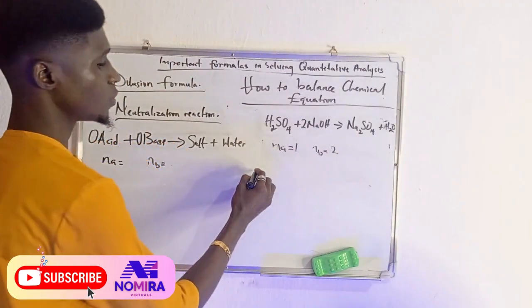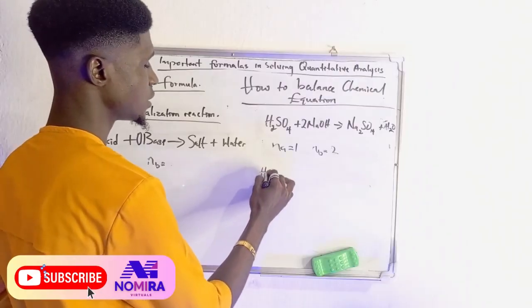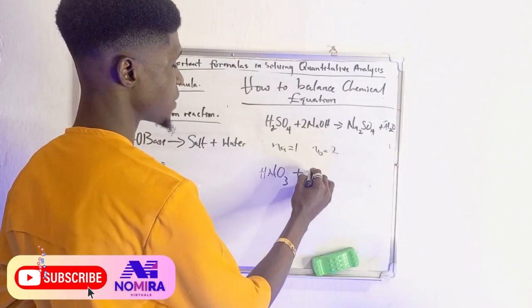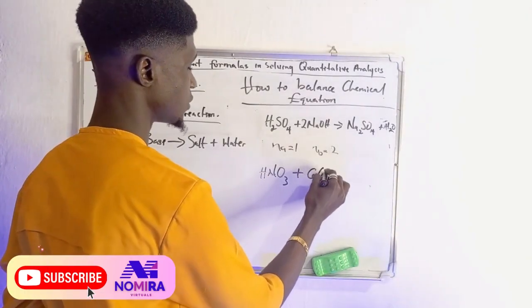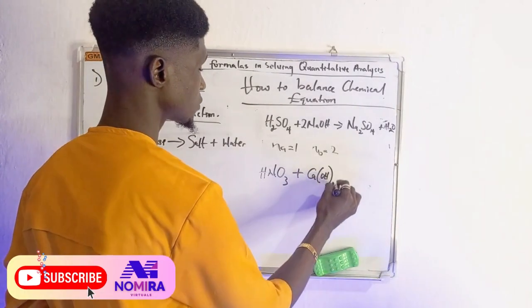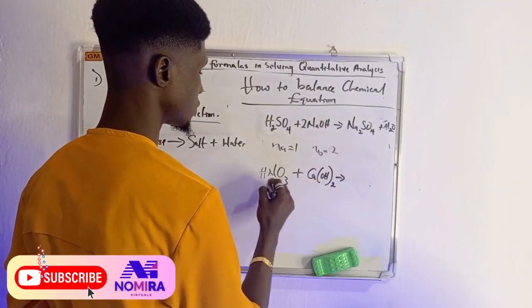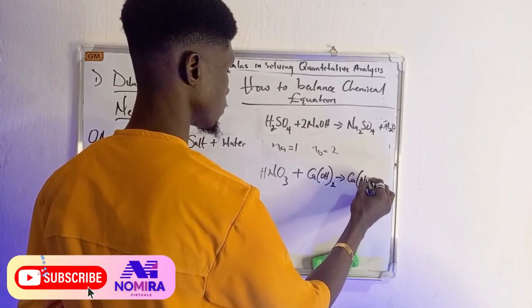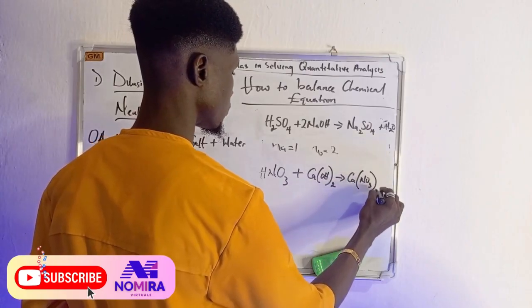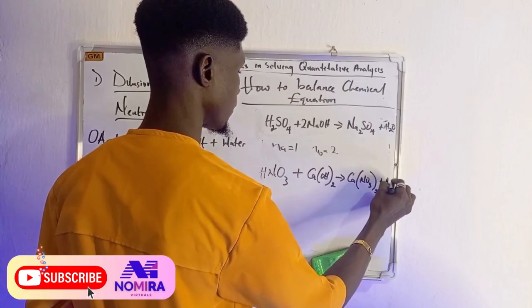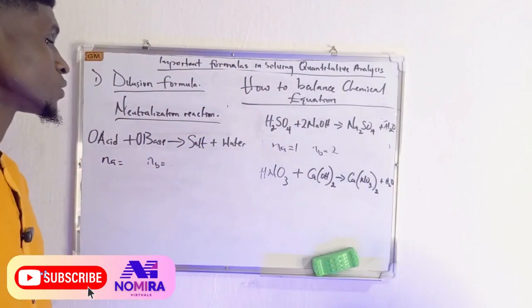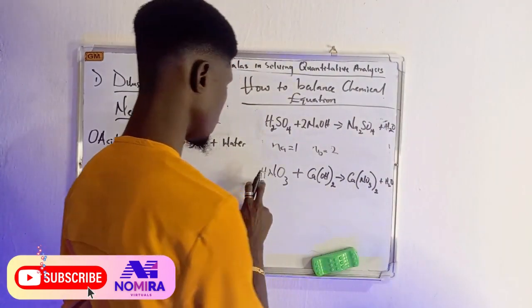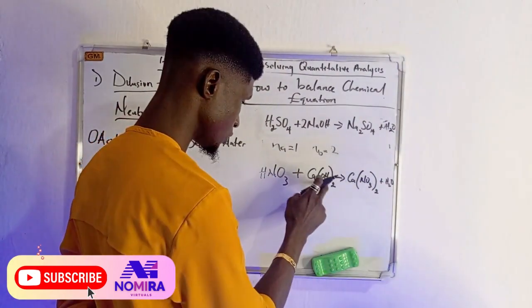Let's see what will happen between, let's say, nitric acid and calcium hydroxide. This will give you calcium nitrate and water.